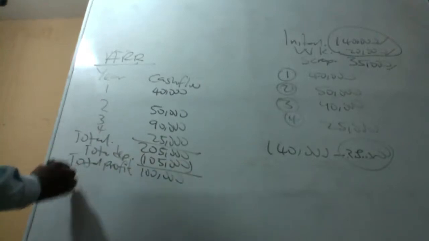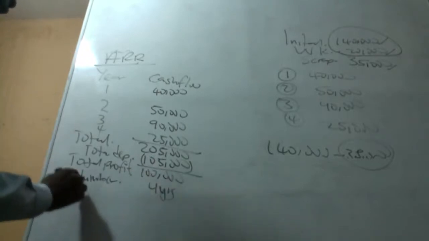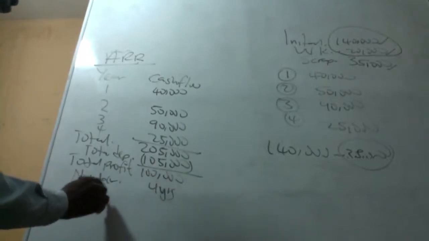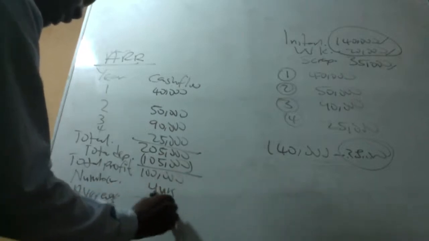The number of years is 4 years. So the average profit is 25,000.